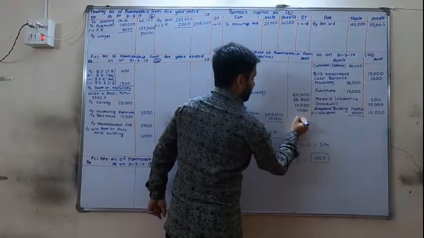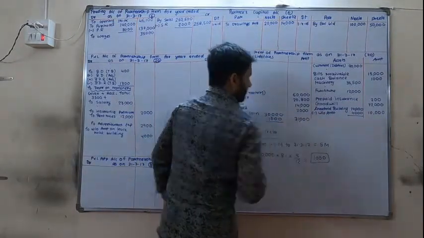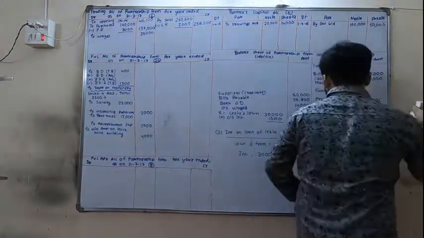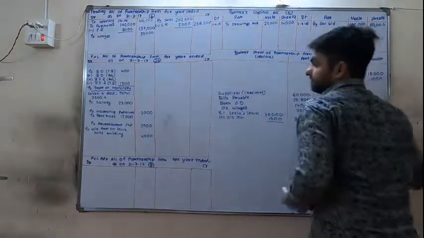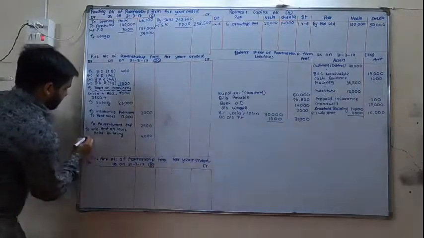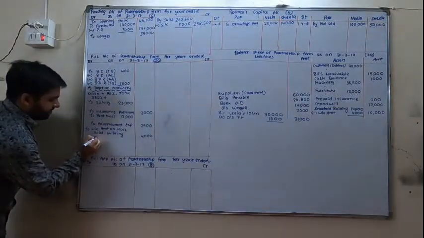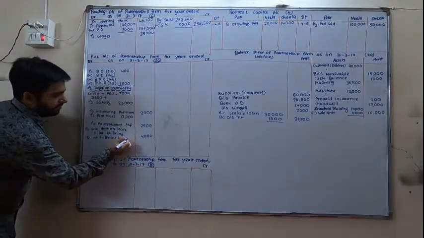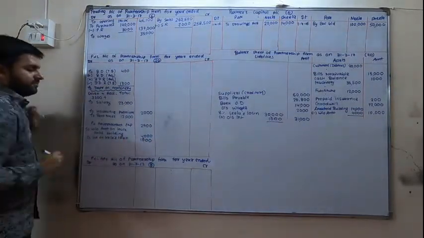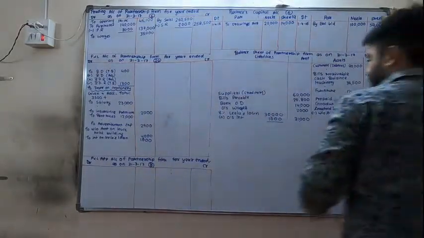In the outer column we will have 31,000, and the next effect is given on P&L debit: interest on Leela's loan 1,000. Okay, so the whole trial balance is over.